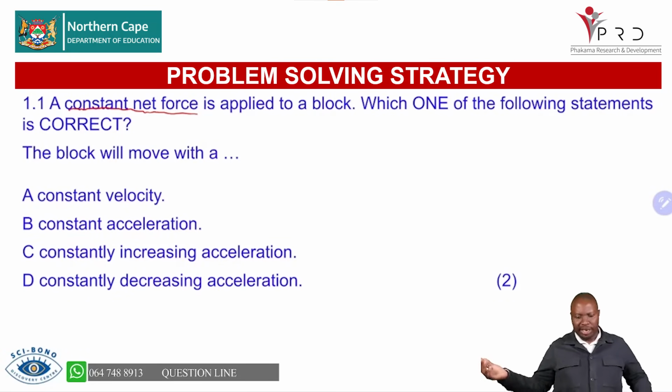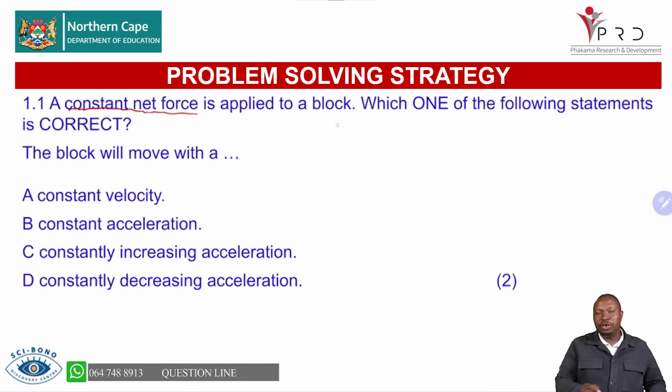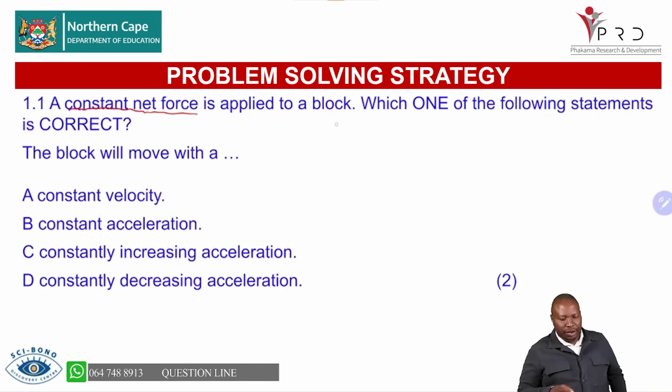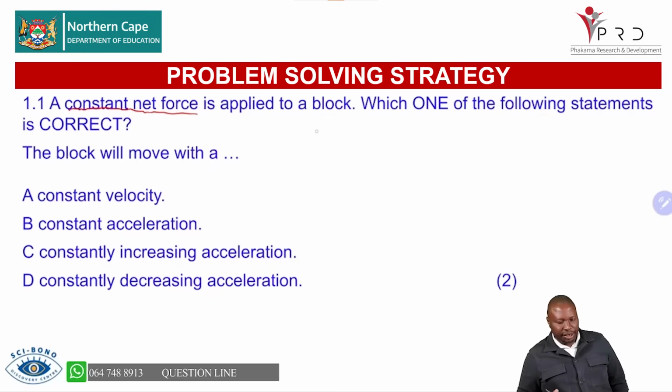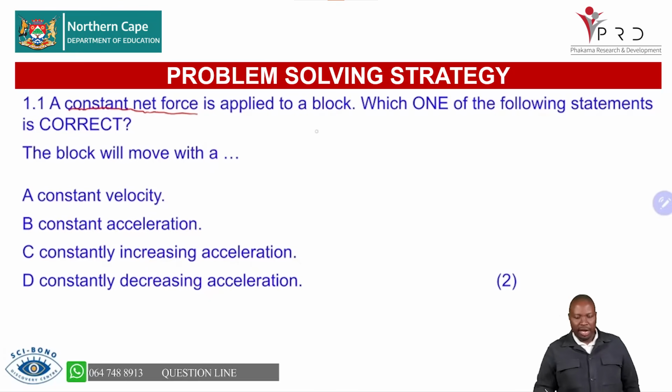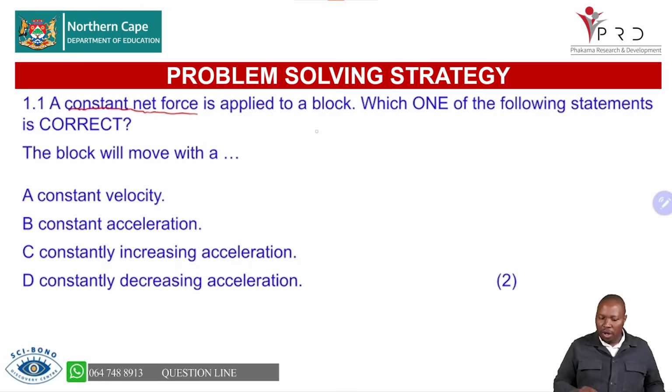When a net force is applied on the object, what will the object do? Because it's applied on an object, you're able to see that when a net force is applied to the object, it must accelerate in the direction of the net force. Now, which one of the following statements is correct? The block will move with a constant velocity.